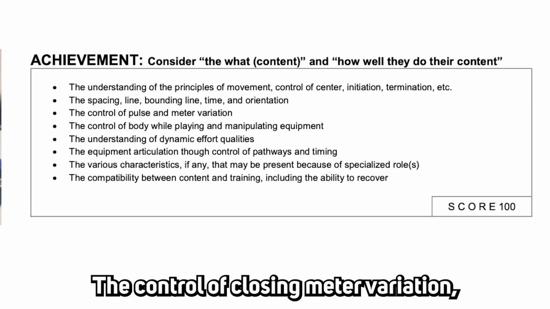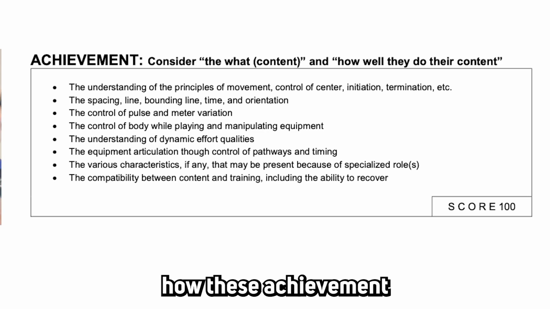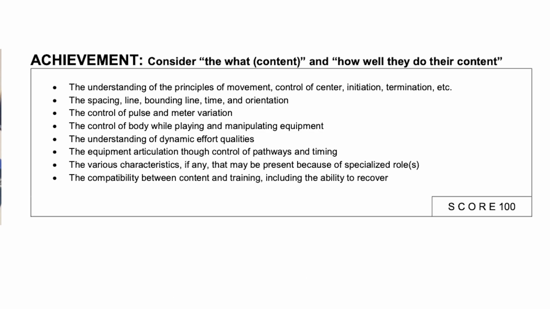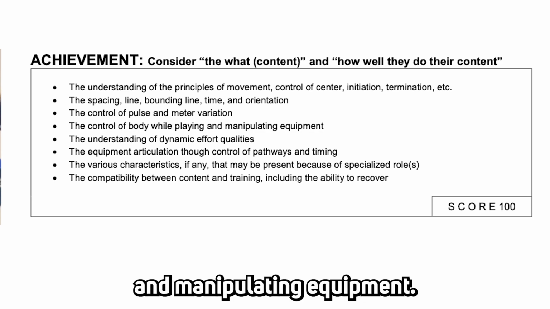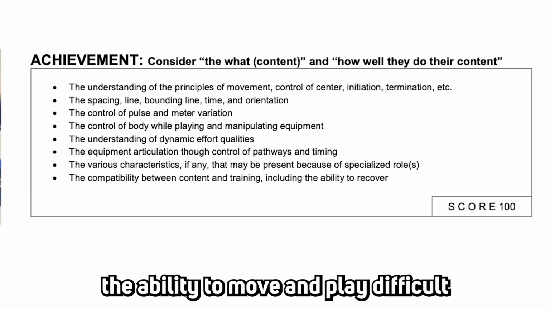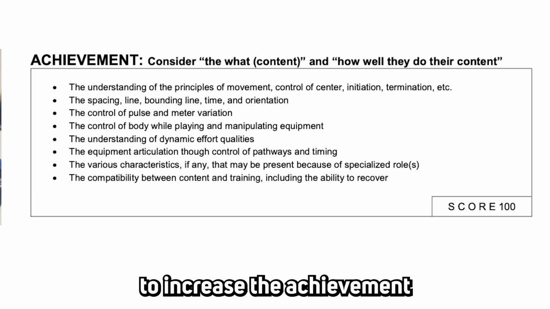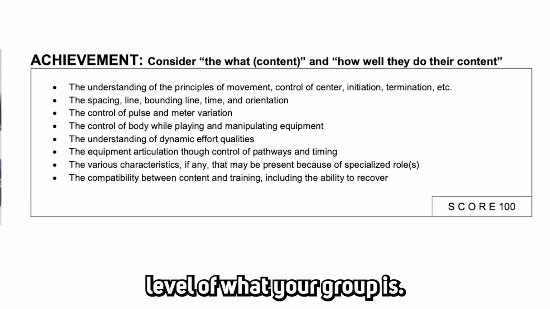The control of pose and meter variation, you can see how these achievement bullets are relating to the vocabulary range that is explored above. The control of body while playing and manipulating equipment. The ability to move and play difficult musical passages are significant opportunities to increase the achievement level of what your group is.